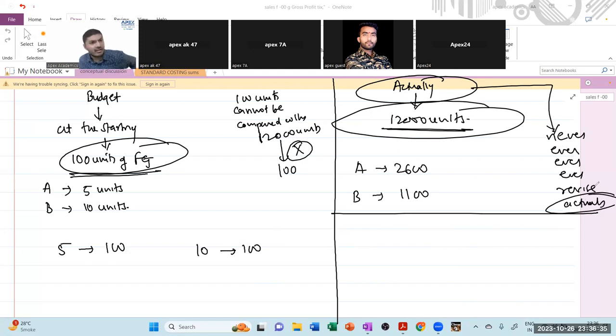Actuals को हाथ लगेगा नहीं. Revise होगा budget. What will always, a million times always be revised? Your budget will be revised.